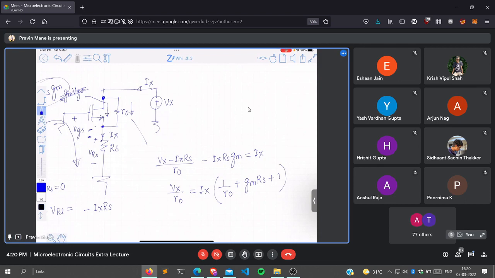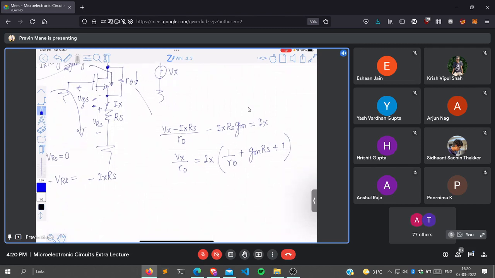Agree? Is it correct? So what is Vx by Ix, you tell me? RO multiplied by 1 upon RO plus gm RS plus 1.